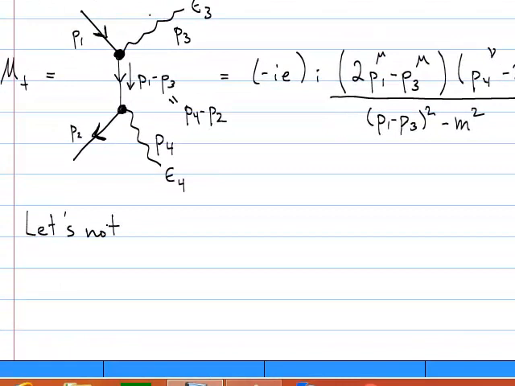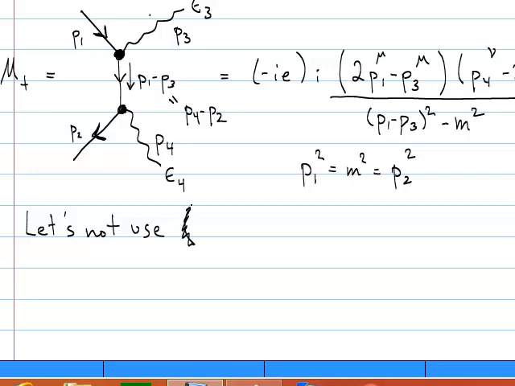I'm going to do something rather sneaky. Okay. So in principle, one of the things that I want to use is the fact that, say, P1 squared is equal to m squared, and so is P2 squared, because those are external electrons, so they're on shell. But I'm going to be sort of sneaky, and I'm not going to use the on-shell conditions for the photons.